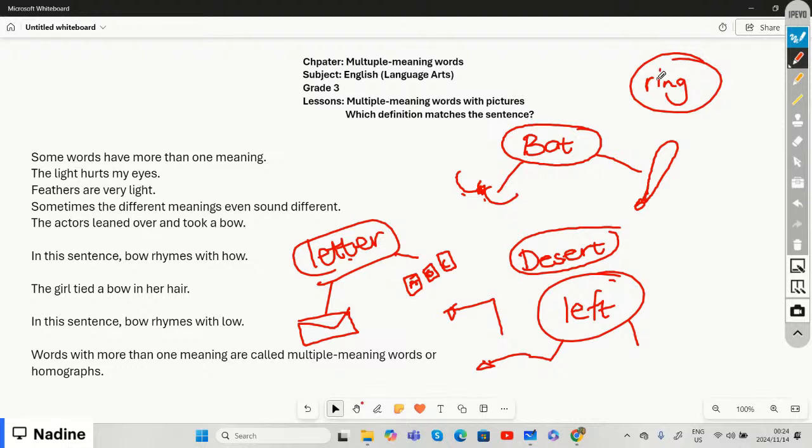One is a ring like a diamond ring, a wedding ring, engagement ring.